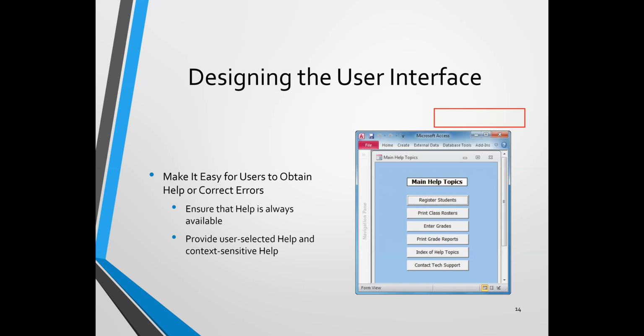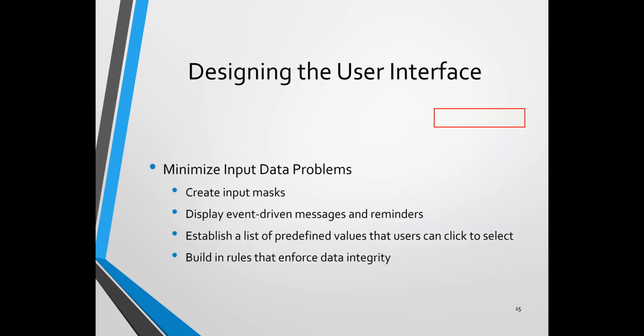Apart from that one, how to minimize the input data problems. In order to minimize input data problems, we have to create an input mask. Input mask is the way that we prepare the field of data to be entered according to our predefined mask.